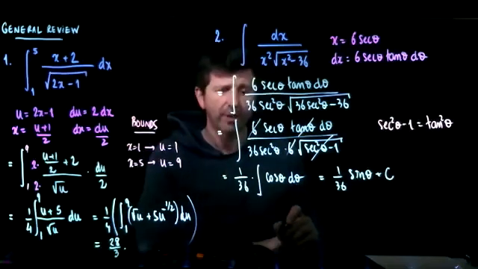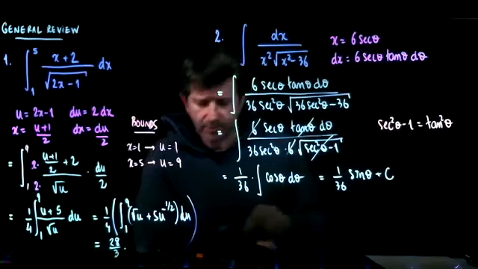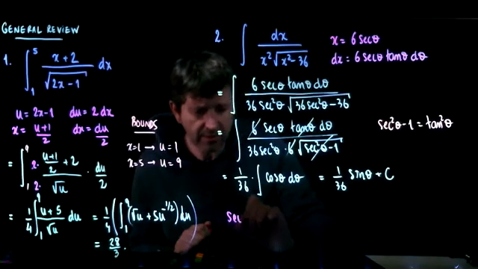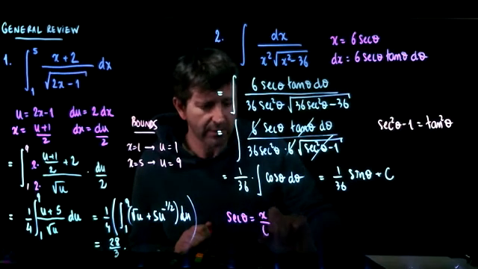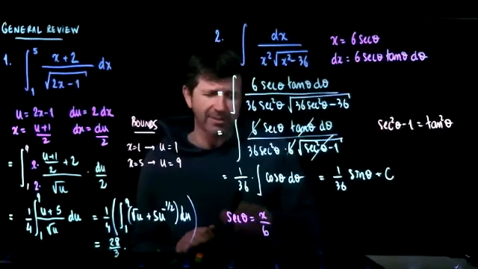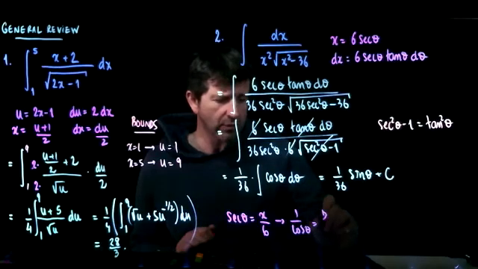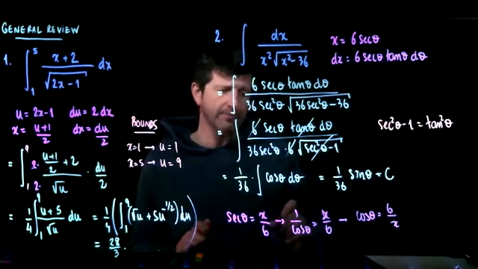Okay, let's rewrite everything in terms of x now. Let's go back to my substitution, which tells me that secant theta is equal to x over 6. But secant is 1 over cos. So 1 over cos is x over 6, which means that cos theta is 6 over x.